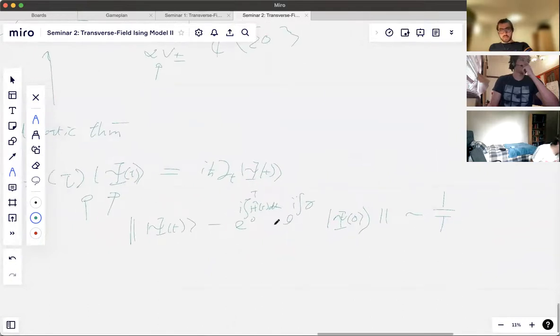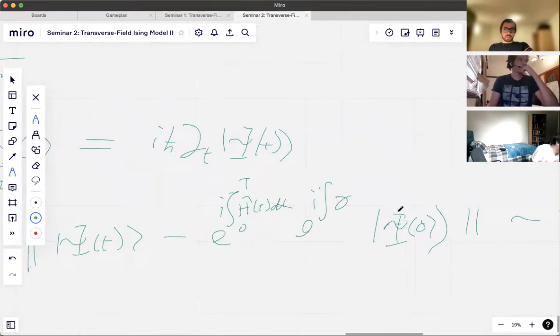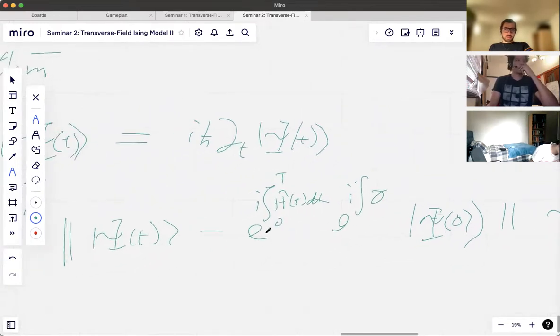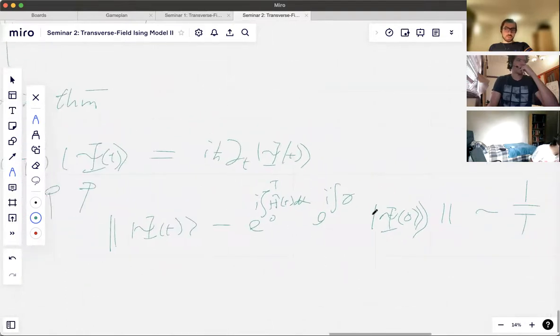As the variation becomes arbitrarily slow, the difference between the true time evolution and the naive time evolution becomes 0.